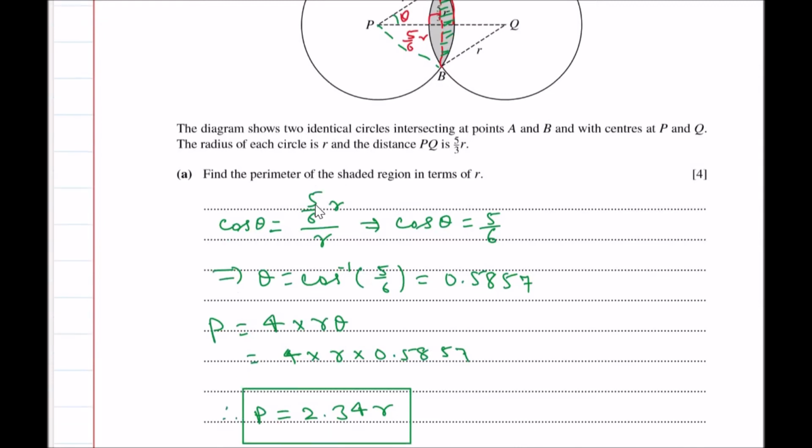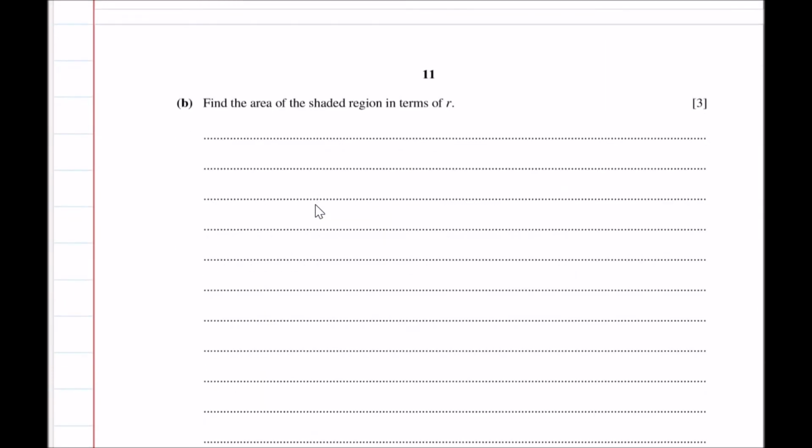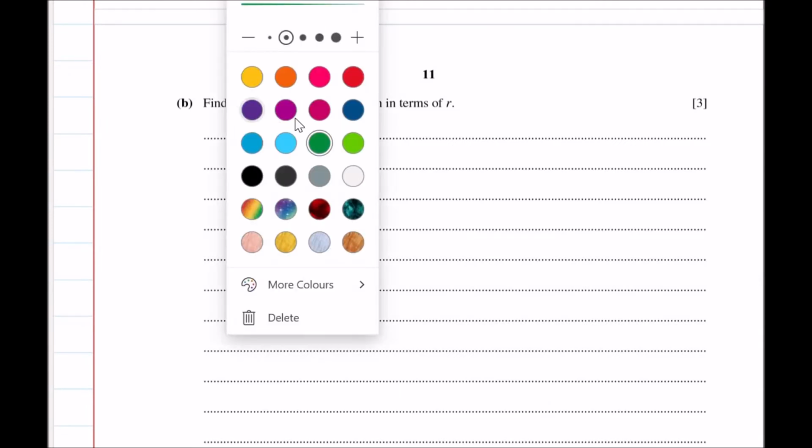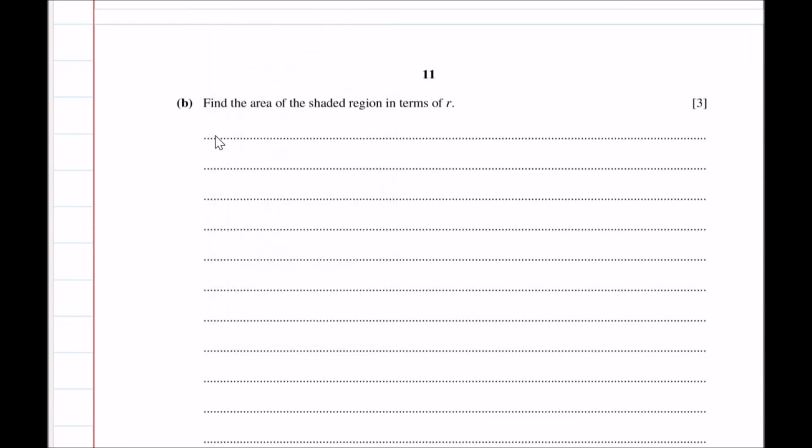Okay, this is the approach we are going to apply. Let's see. We'll find area of sector PAB. Let me write here. Area PAB is equal to half r squared theta.